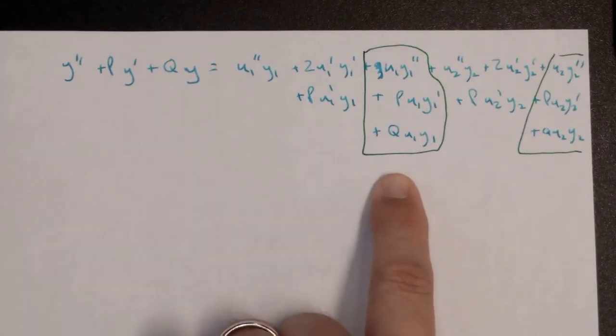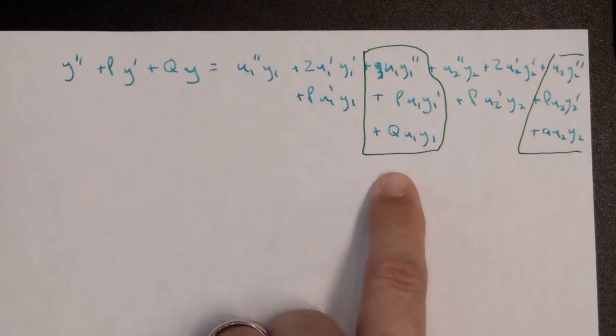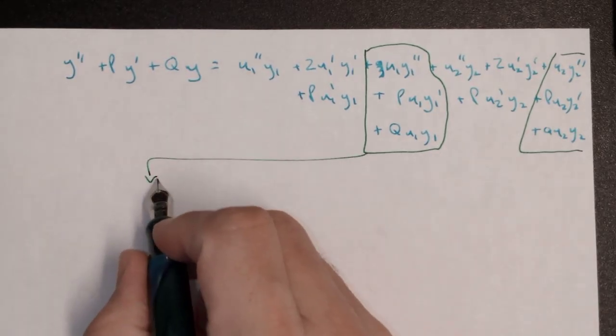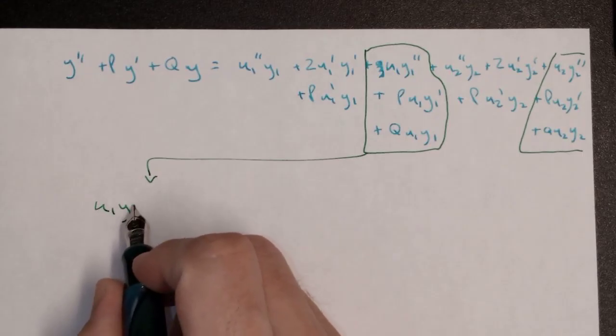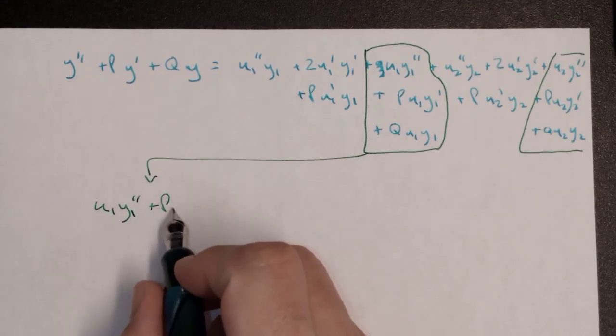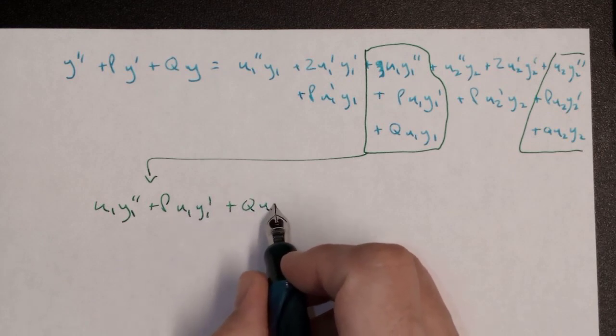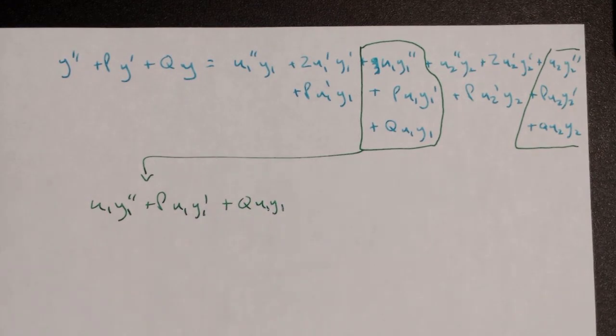What's in that box? Oh, hang on a second. This box right here: u1 y1 double prime plus P u1 y1 prime plus Q u1 y1. That's just what's in that first box. Everything's got a u1 in it, right? Factor that out.